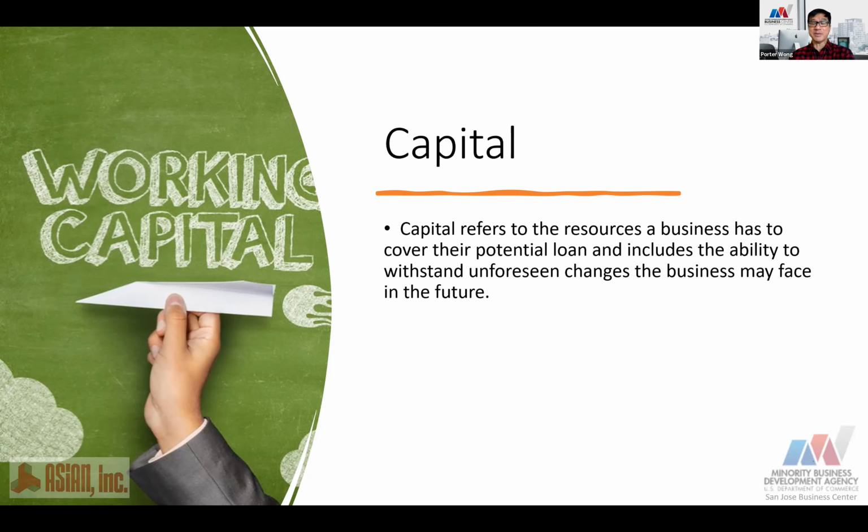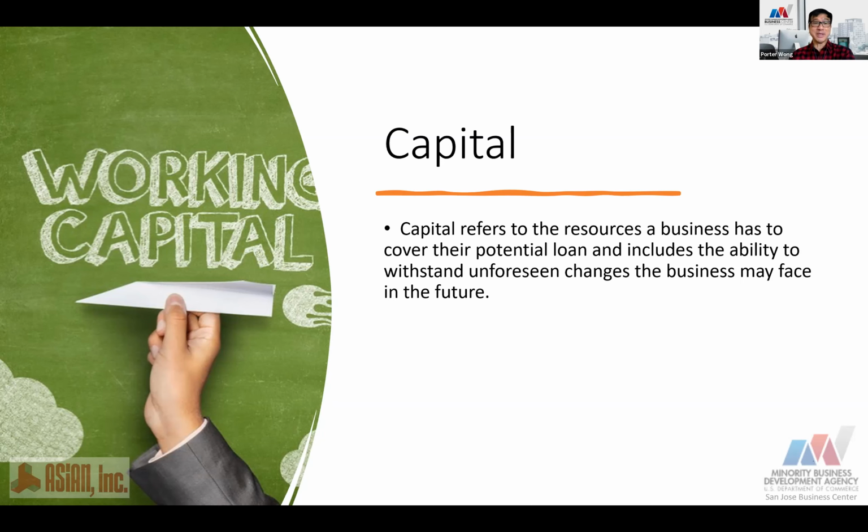So for example, let's say your business actually does have an investment account. You have some money put away, maybe that generates some interest. So that could be your capital, just in case something happens, then you can dip into your investment.